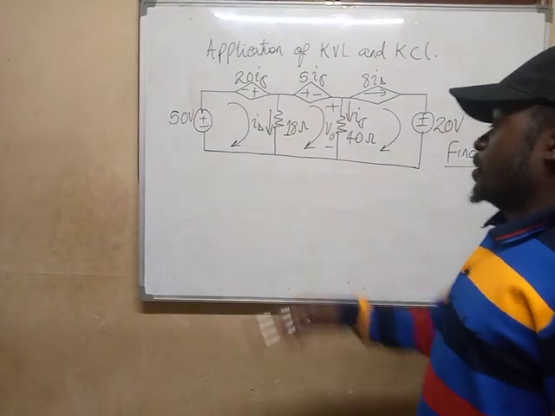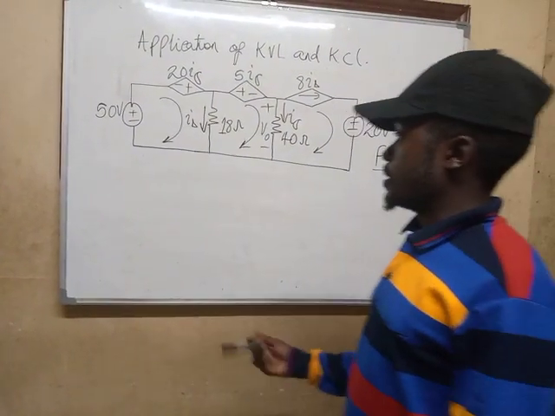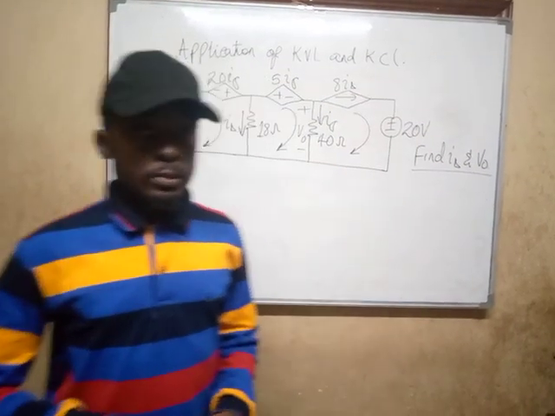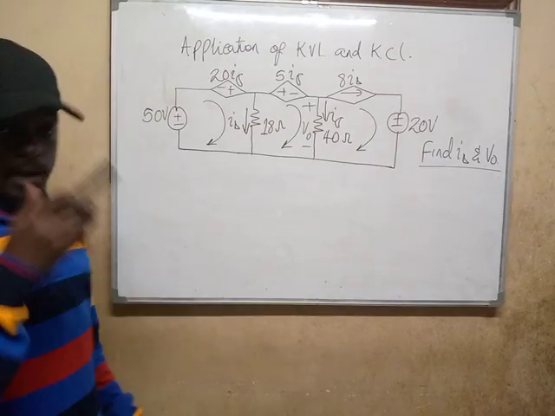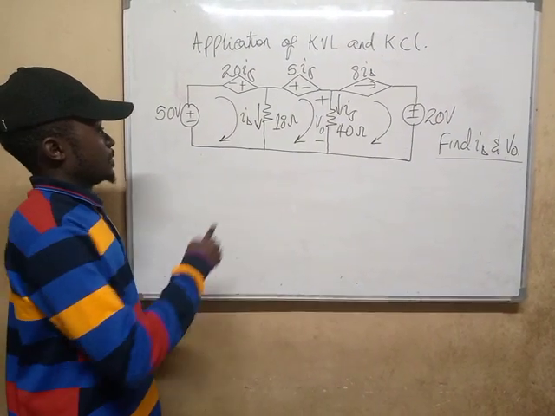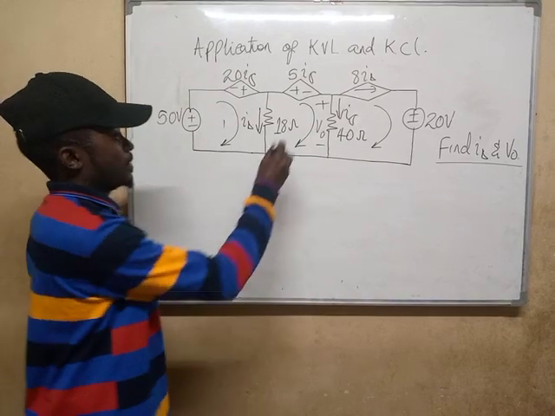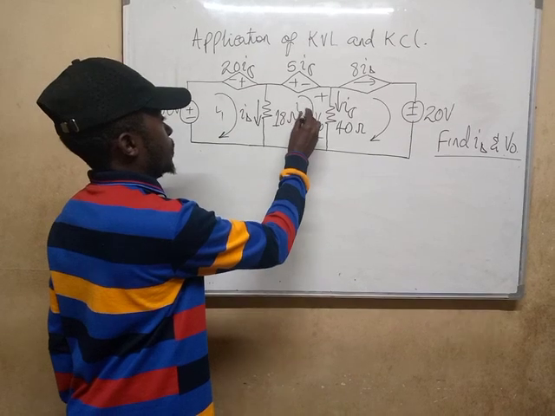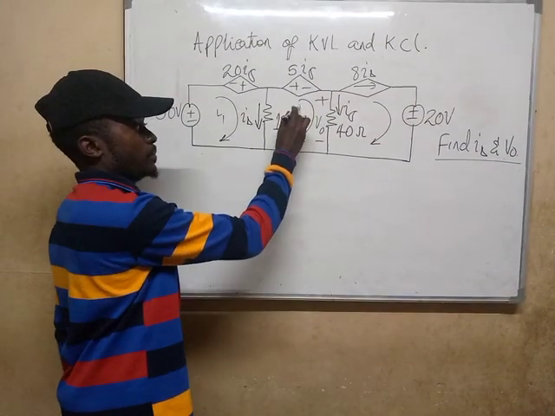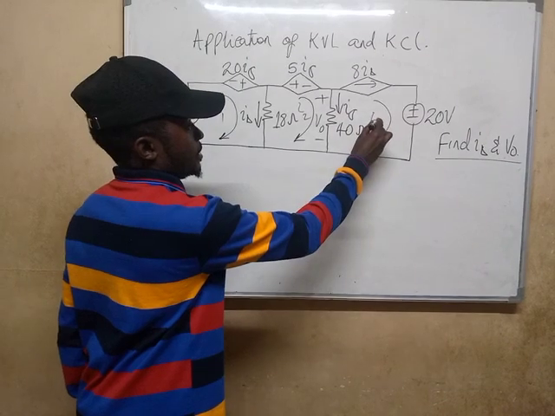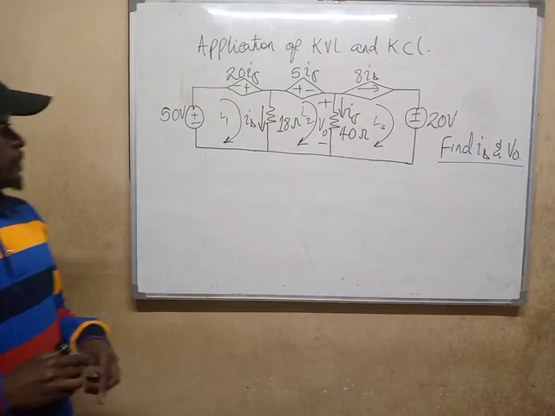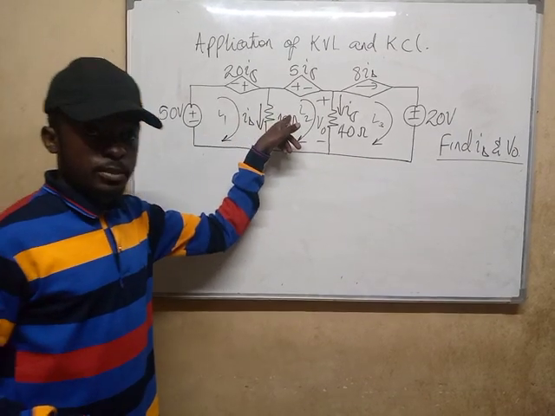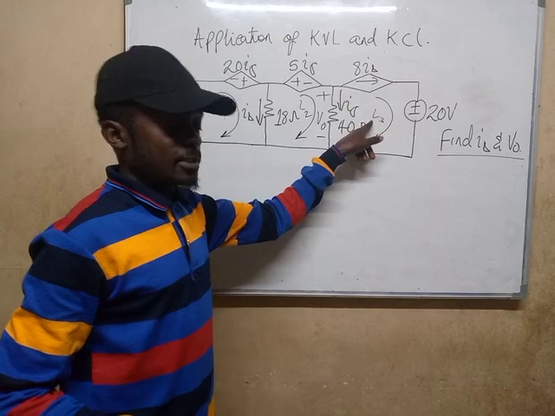So when we talk of KVL, we are simply saying the voltage across a loop must add up to 0. Meaning that if I name this loop 1, loop 2, L1, L2, so L meaning loop, then this L3, the voltage across this loop must be equal to 0, across this loop must be equal to 0, as well as across this loop.